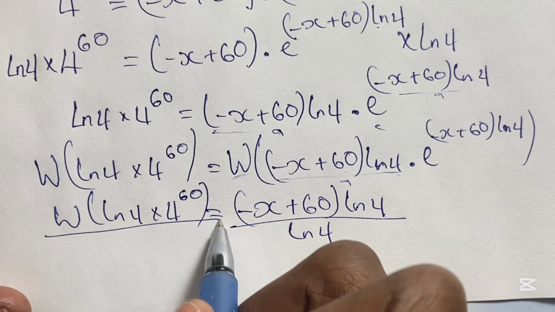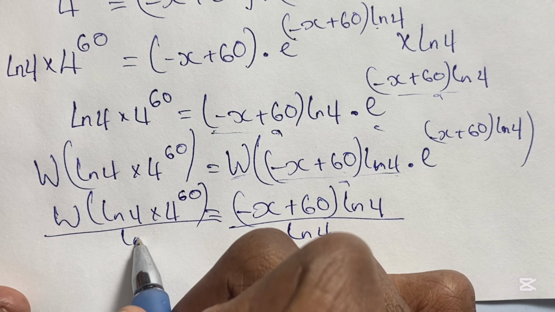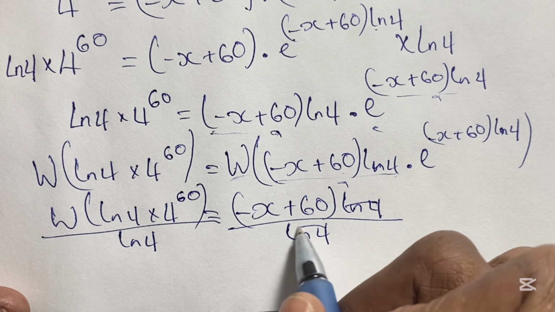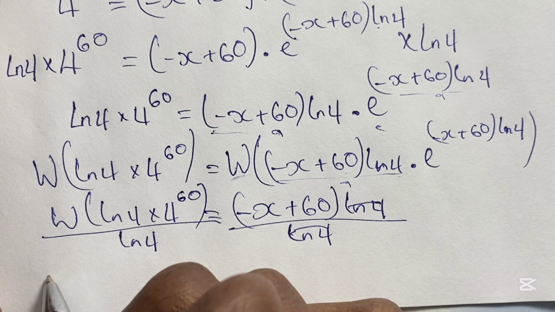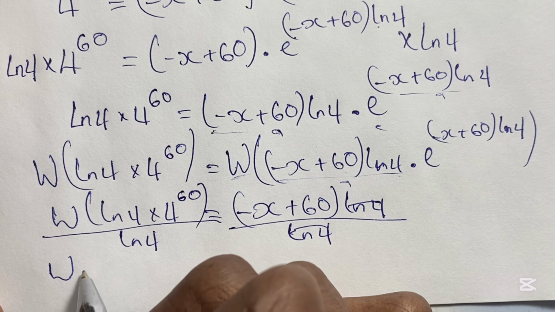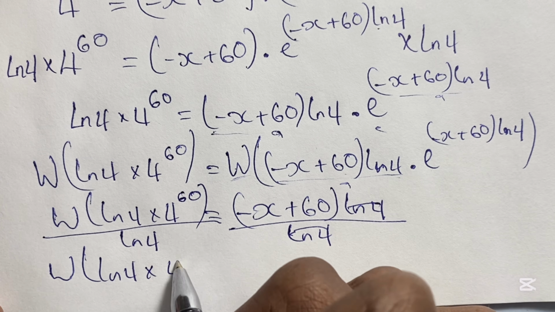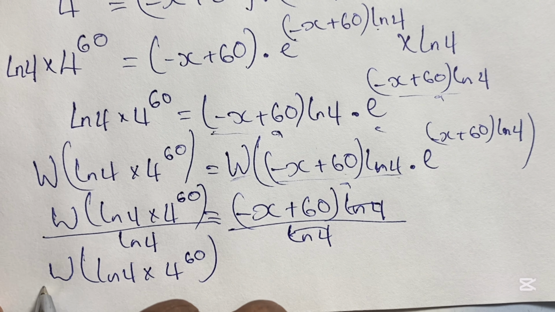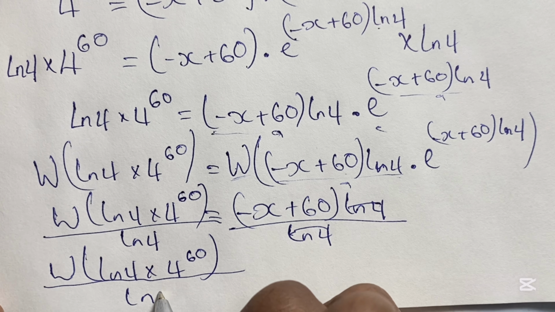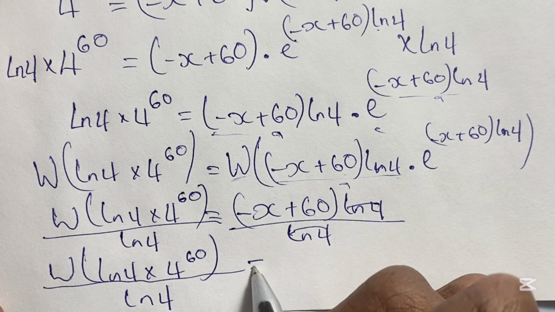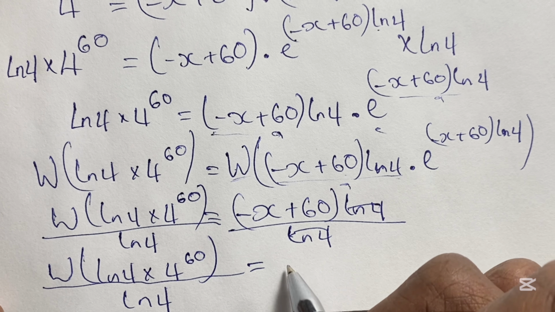So we do that here as well. So we have W of ln 4 times 4 to the power of 60 over ln 4. On the right the ln 4s are cancelled out, so we rewrite this as W of ln 4 times 4 to the power of 60, that's in brackets, and this is going to be over ln 4. And we have this being equal to negative x plus 60.